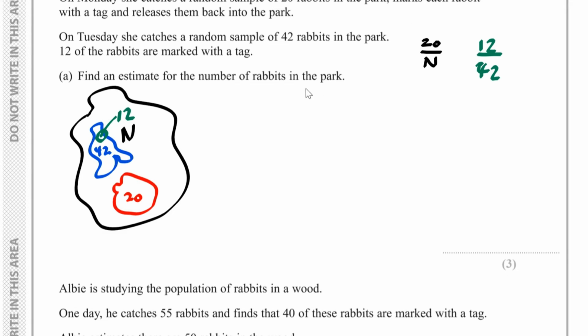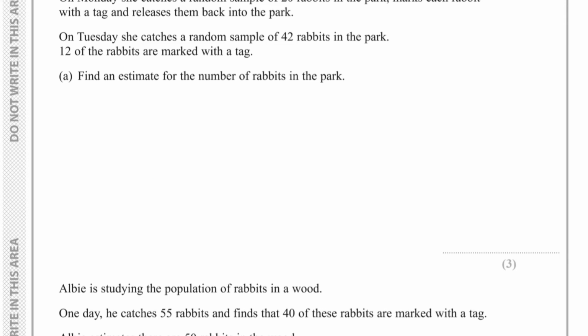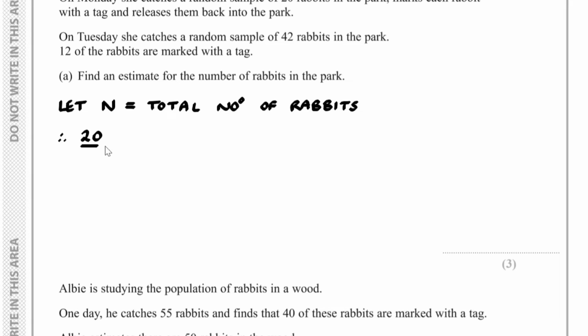And to find out the total number of rabbits, what we can do is assume that the proportion of rabbits with a tag remains the same. So if we begin by letting n equal the total number of rabbits, then we have 20 over n, which is equal to 12 out of 42.